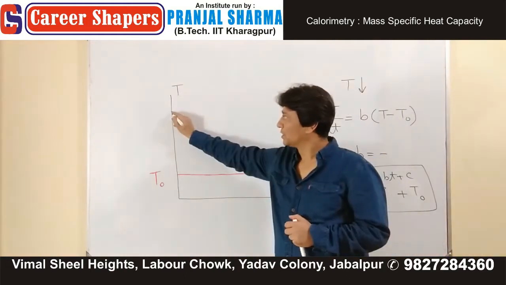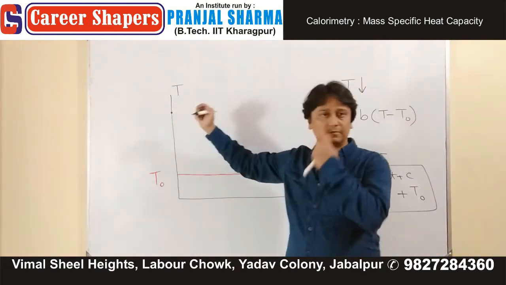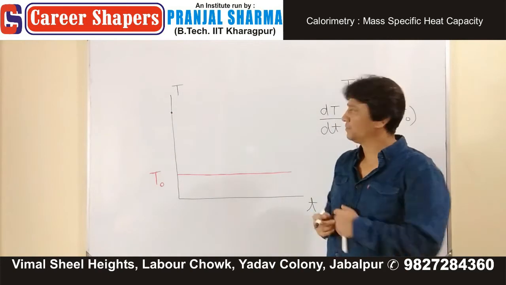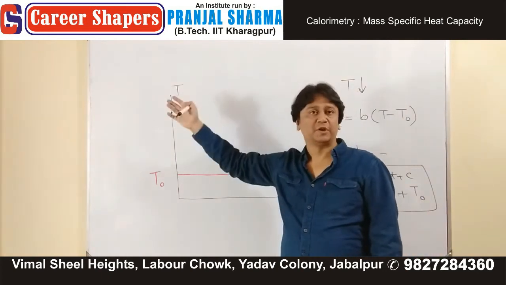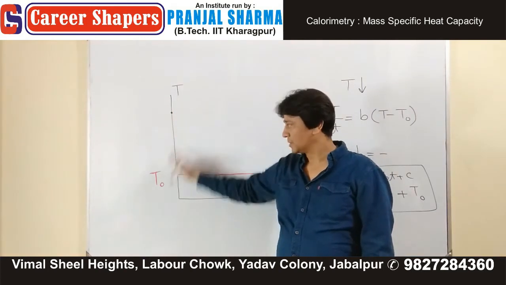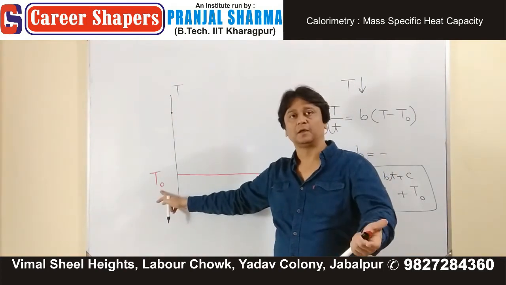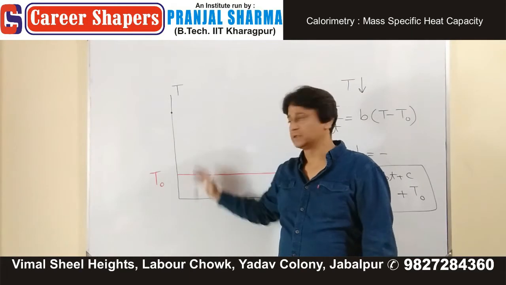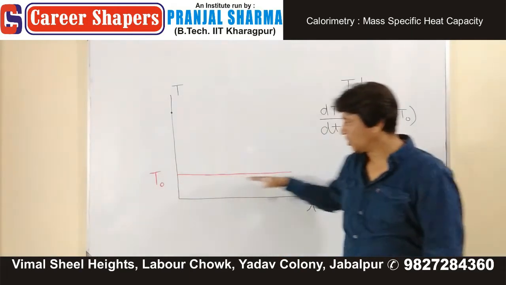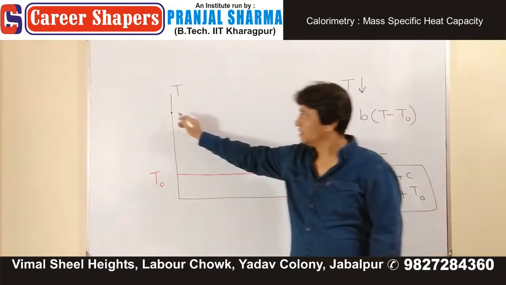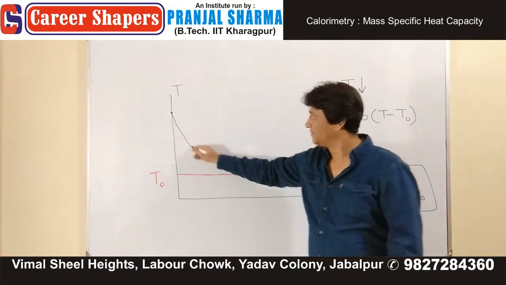So, the graph starts from this point, something like 60, 70. Let's say initial temperature is 60. Surrounding temperature is 30. Then as temperature decreases, it can never go beyond 30. And therefore, I have drawn this red line. This is the graph.